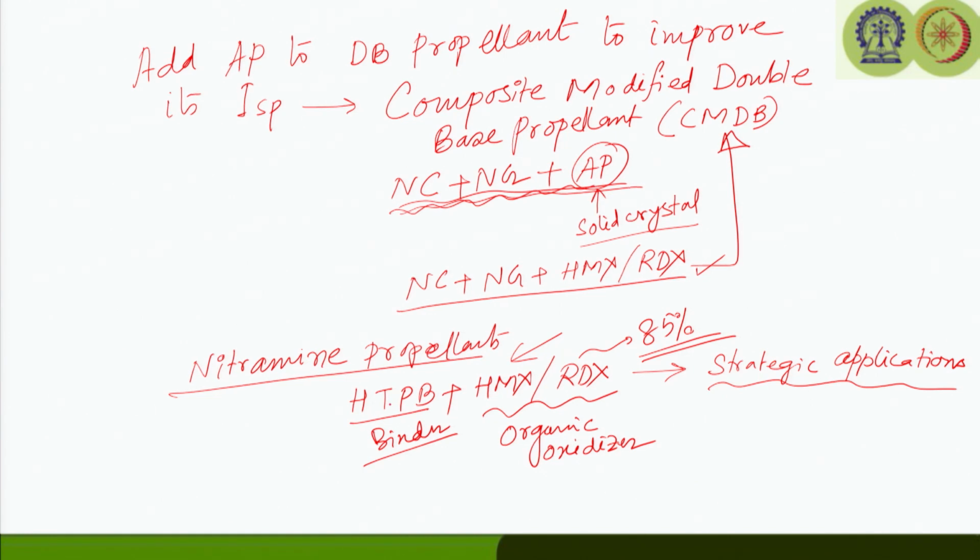Now, we can talk about some other types of propellant, for example gas generator propellant.